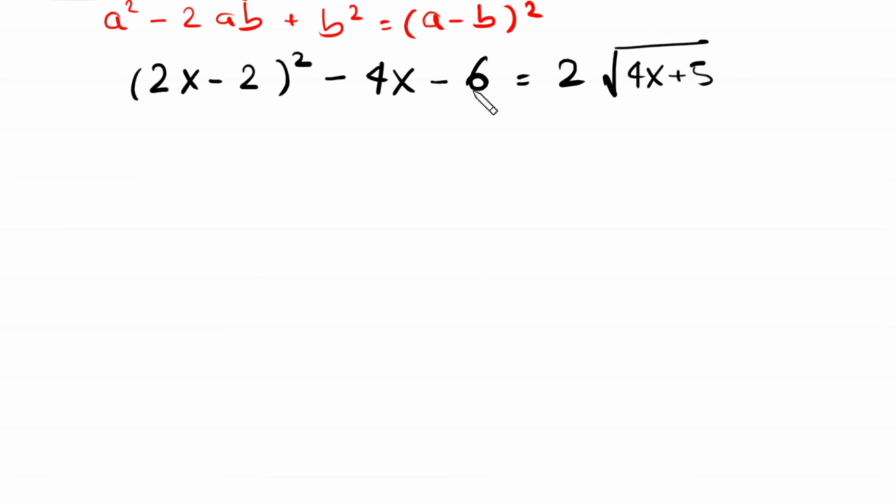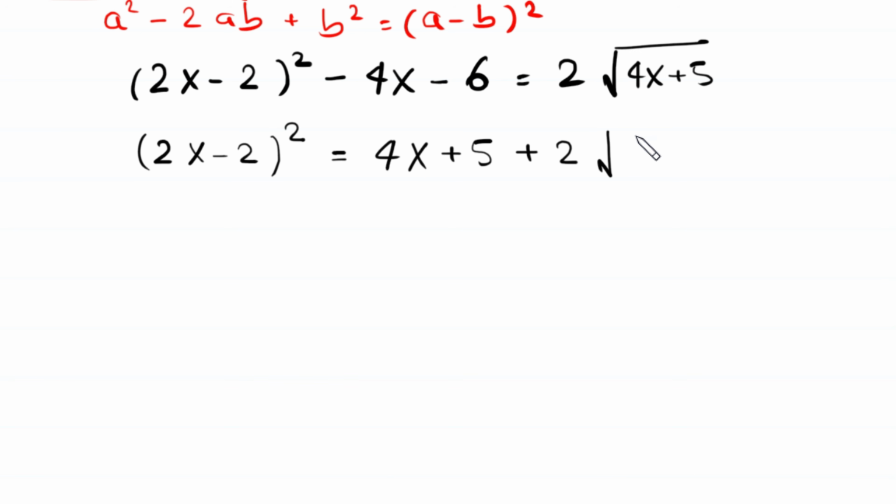Move these two terms to the right hand side. This will become 2x minus 2 whole squared equal to 4 times x plus 5 plus this 2 times root 4x plus 5 plus 1.